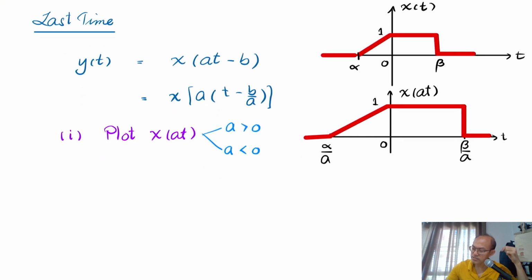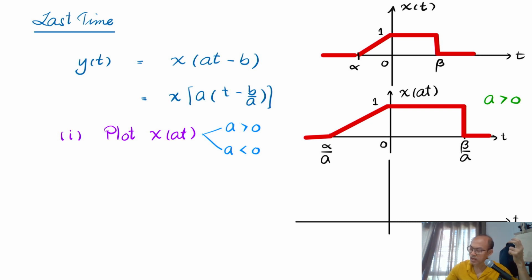And then the second step, this case is when a is greater than 0, right? But if a is less than 0, then we know that we have to flip it 180 degrees around. So alpha would become minus alpha over a, and the graph will be like this. Right?